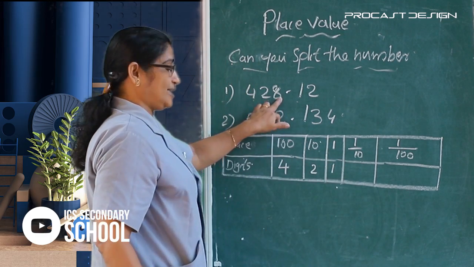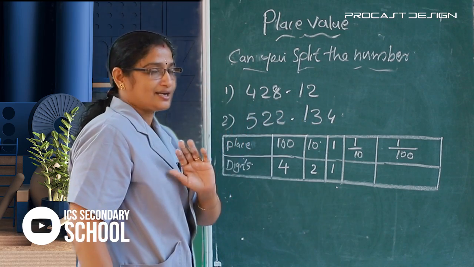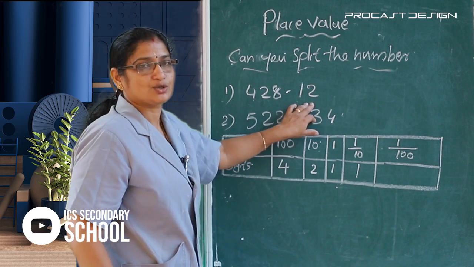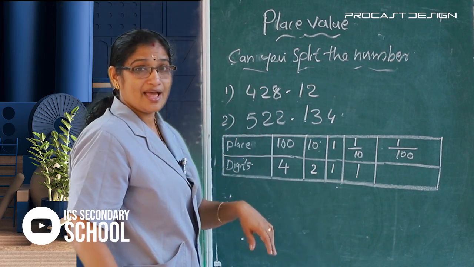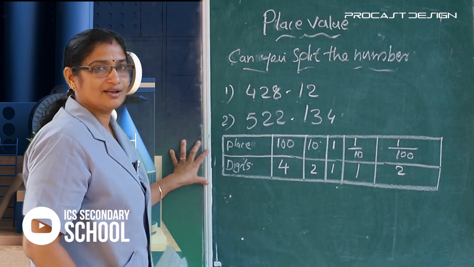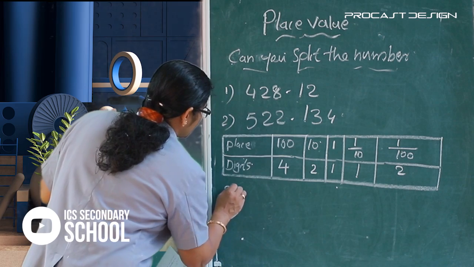After the decimal point, the first number is 1 by 10, and the next number 2 has place value 1 by 100. Okay. Any doubt? Once. The second question.